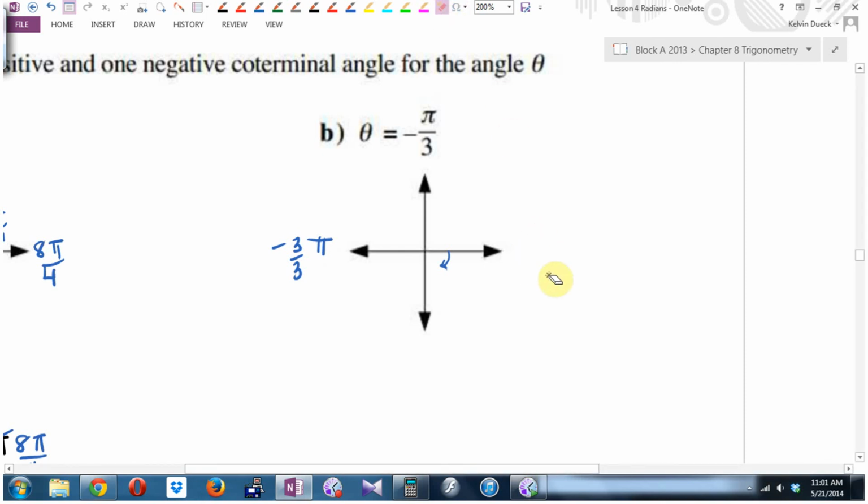What angle did they give me? Colin, what angle did they give me? Read me the whole thing, please, carefully and loudly. I can't hear you. How far from here to here? Negative 3 pi over 3. In other words, I need to divide this up into thirds, about 3 equal chunks.